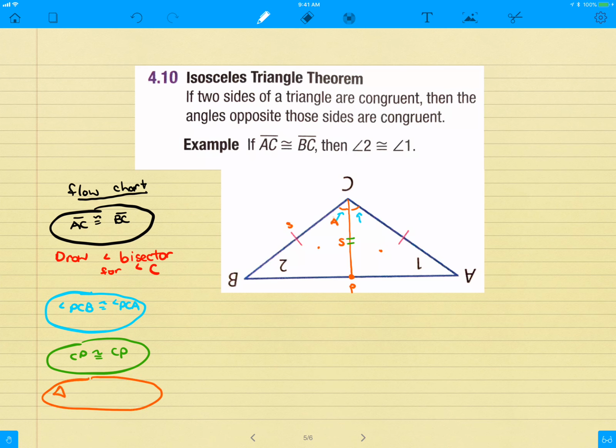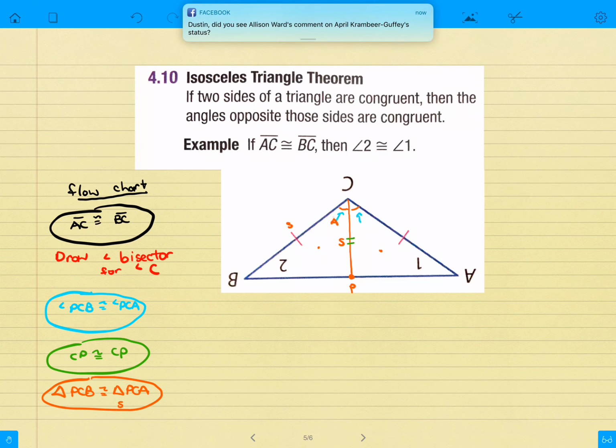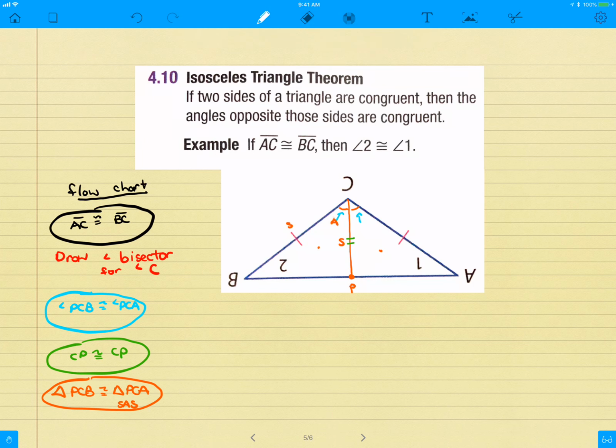So the left triangle, triangle PCB, is actually equal to triangle PCA because of the side angle side, SAS postulate. So I'm actually going to write that reason even though we don't write reasons on a flow chart. So side angle side. And now I can get to the parts about the triangles themselves.